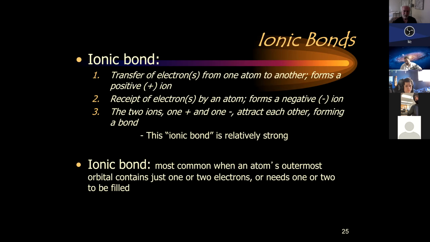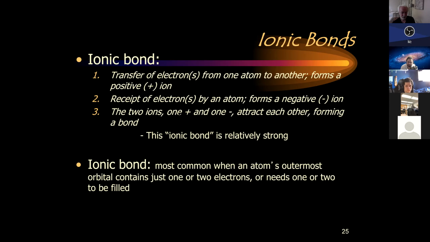And similarly, the atom that receives that electron now becomes a negative ion because it's just received a negative charge. So now there are 2 ions, one with a positive charge and one with a negative charge, and they attract each other, and that forms a bond which is called an ionic bond. It's a relatively strong bond.